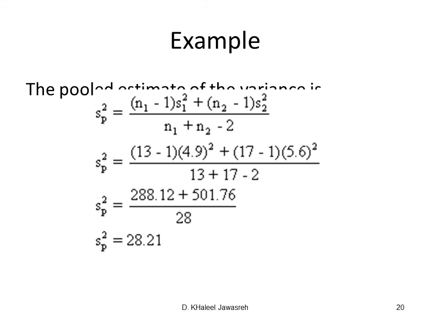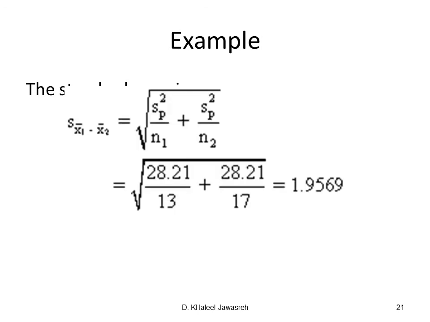So the second, 17 samples minus 1 times the standard deviation to the power of 2, and finally it will yield 28.21, just by using simple calculations for obtaining the pooled estimate of the variance. Okay, so we have 28.21. Put it in your mind. The standard error: we directly go to obtain the standard error.